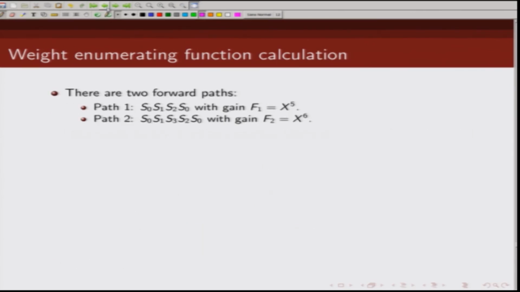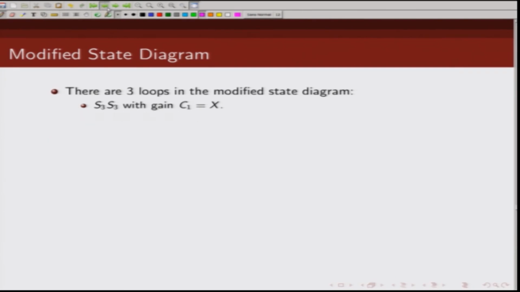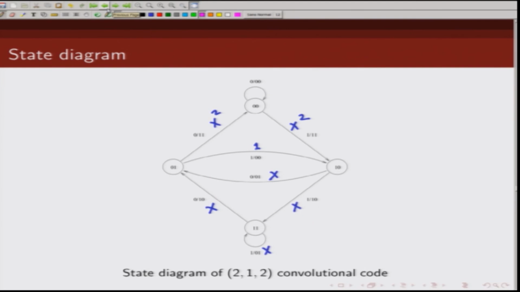So, let us just go back to the original state diagram. You can see for this transition from 01 to 00, what is the weight of the information sequence? That is 0. So, y^0, that is basically 1. What about this?